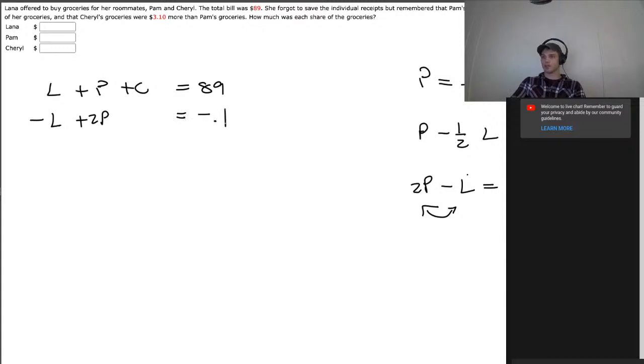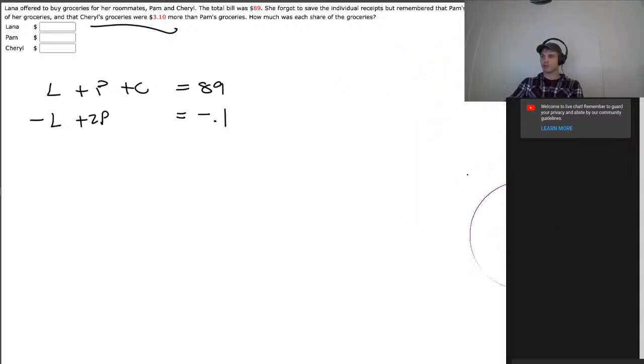Equals negative 0.1. And then it says Cheryl's groceries were $3.10 more than Pam's groceries. So we can make a sentence out of that. Cheryl's groceries are $3.10 more than Pam's groceries. And then I can subtract P from both sides here. So negative P plus C equals 3.10.